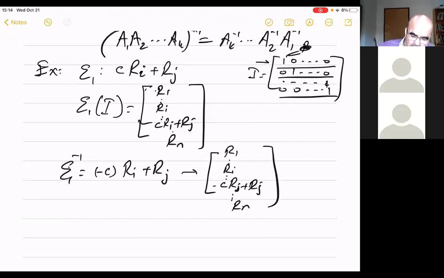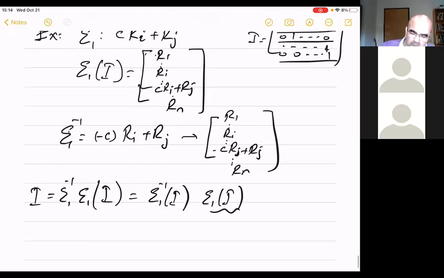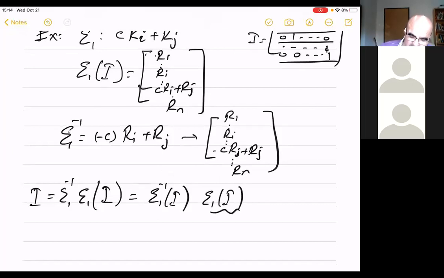When you apply operation epsilon 1 and then its inverse, you get the identity matrix. So this elementary matrix is invertible. This is an example showing that every elementary matrix is invertible.